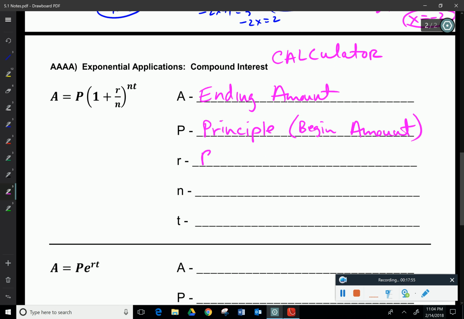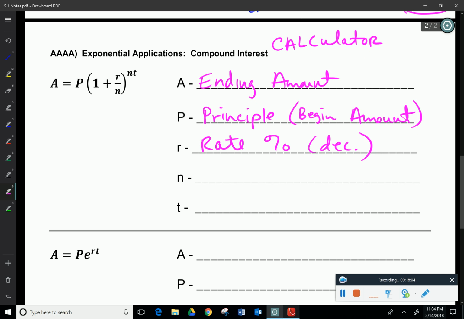R is the rate, and what we mean by that is the percentage rate, and you're going to remember you need to write that as a decimal. Okay. N is the number of times compounded. Okay. And then T is the time, and something to keep in mind is this is in years.